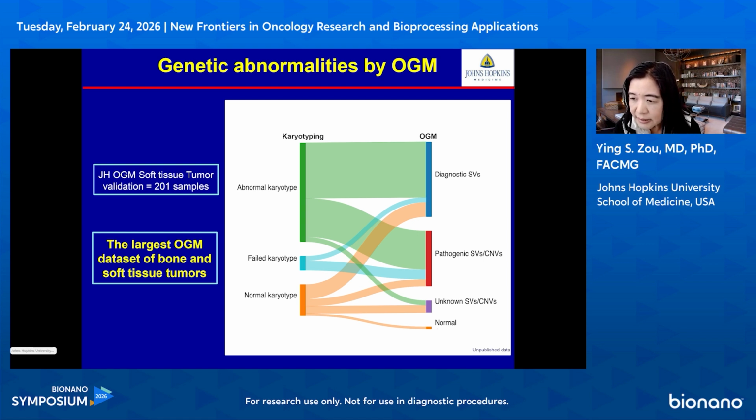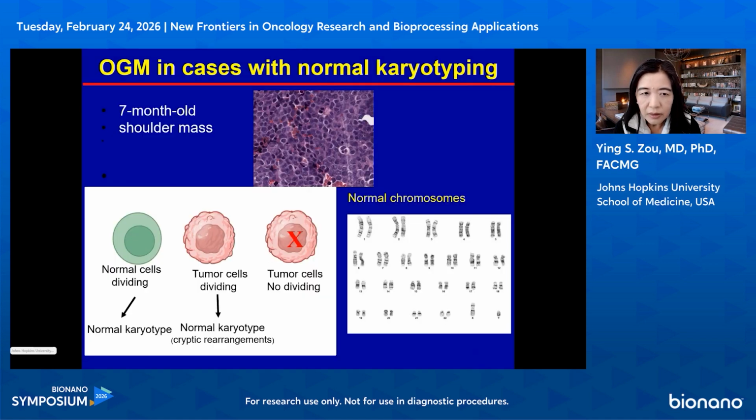Those findings highlight the improved sensitivity of OGM for identifying complex genomic alterations in soft tissue sarcoma. OGM identified pathogenic structure variants in more than 70% of the cases that had normal karyotyping results.